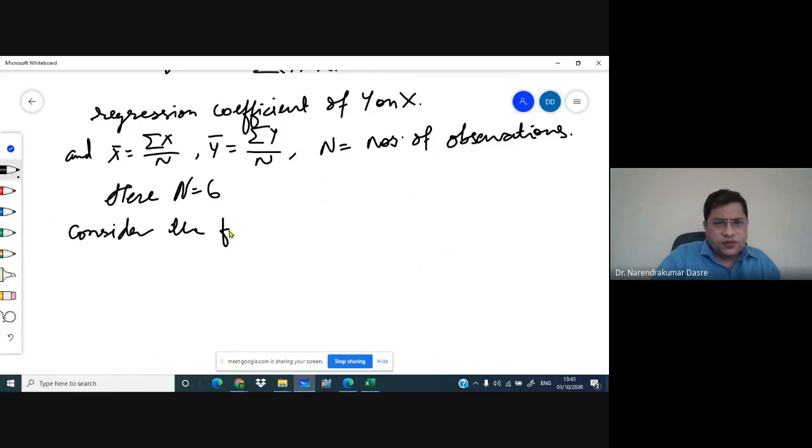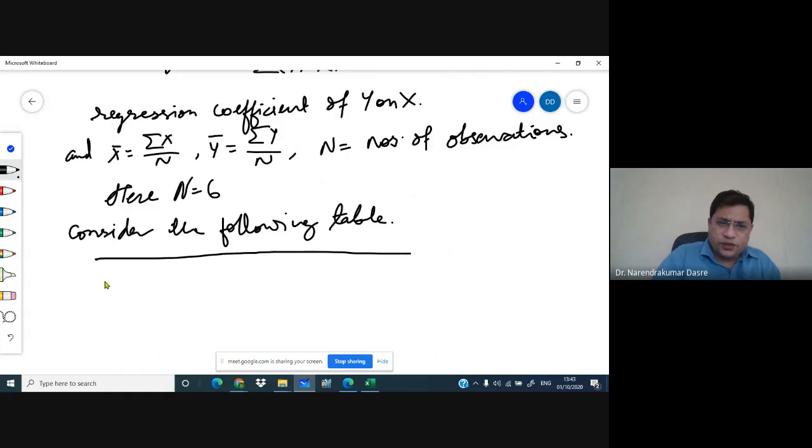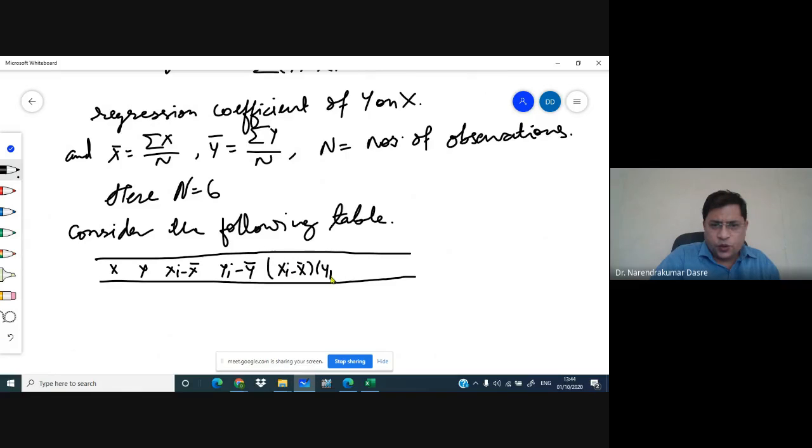Consider the following table: x, y, xi minus x bar, yi minus y bar, xi minus x bar into yi minus y bar, xi minus x bar squared, and yi minus y bar squared.